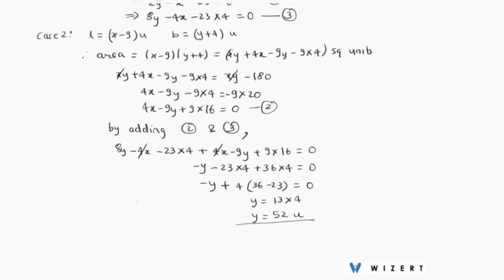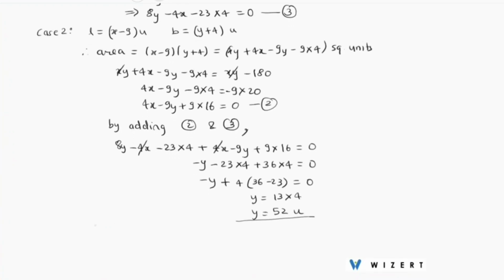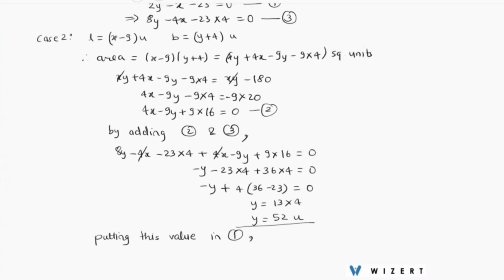And to find x, we'll simply put this value in equation 1. We had equation 1 as 2y, with y as 52, minus x minus 23 equal to 0.